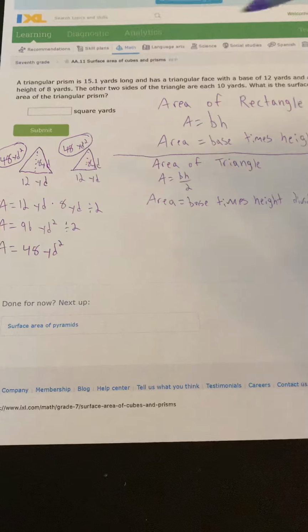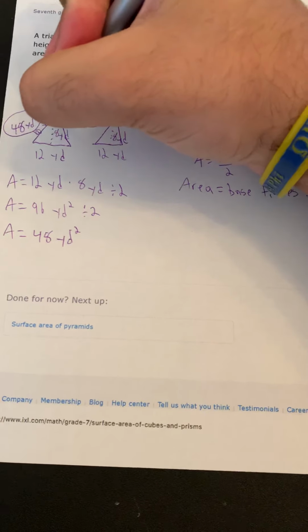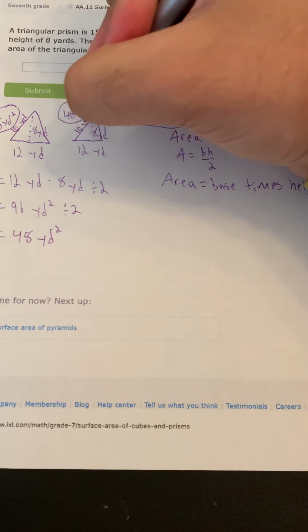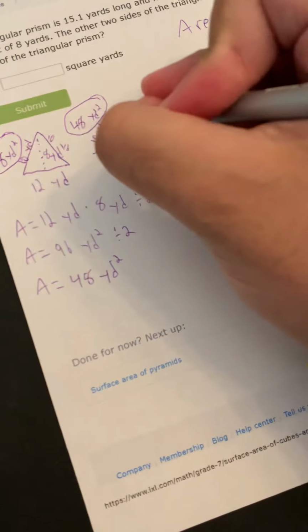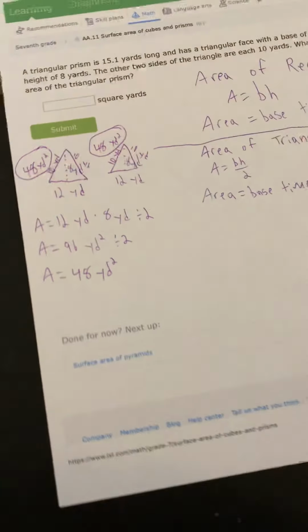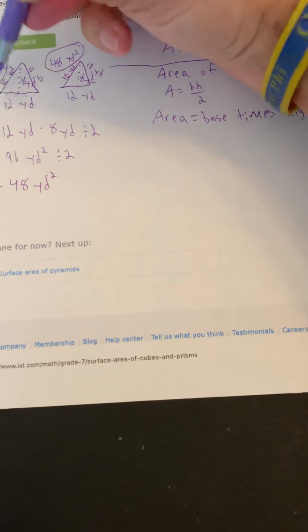But then the problem says the two other sides of the triangle are 10 yards each. So like this is 10 yards, 10 yards, 10 yards, and 10 yards. And we know on triangular prisms, you got rectangles coming out of that.